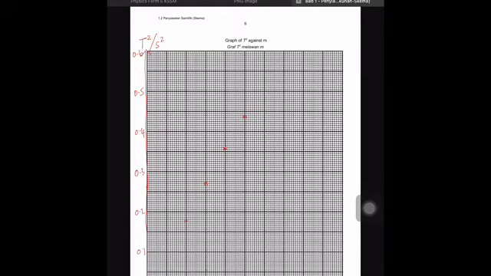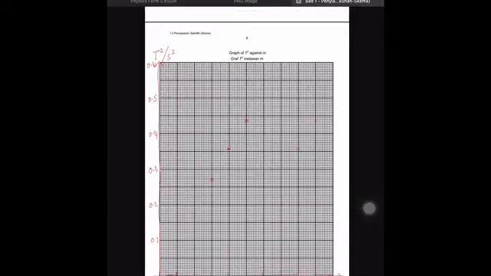Alright, so the last one. What is the answer? 0.5184 divided by 0.005. 103.